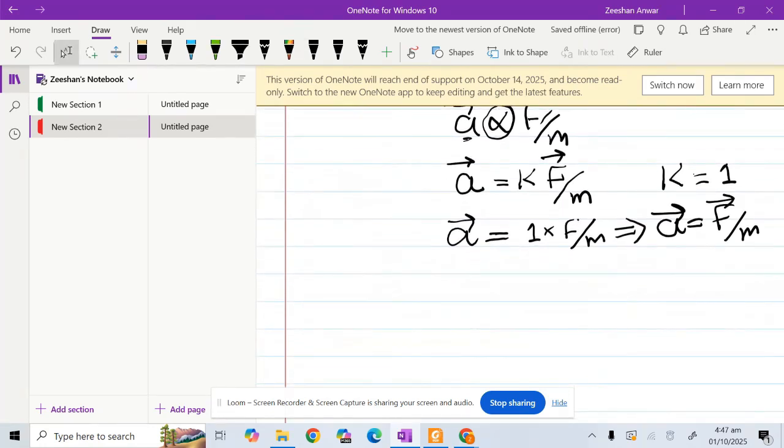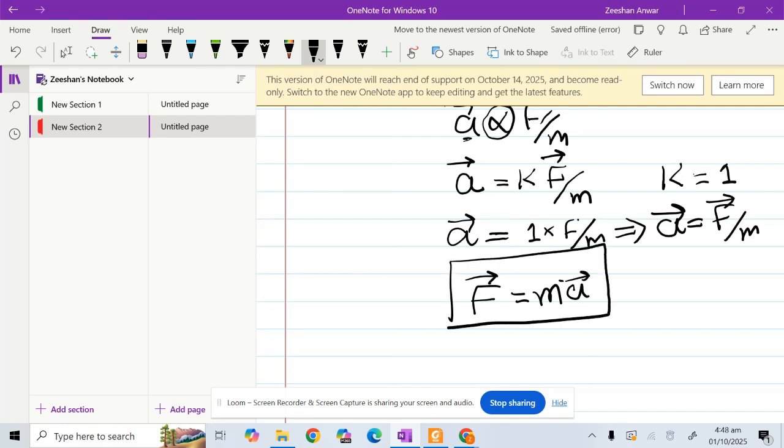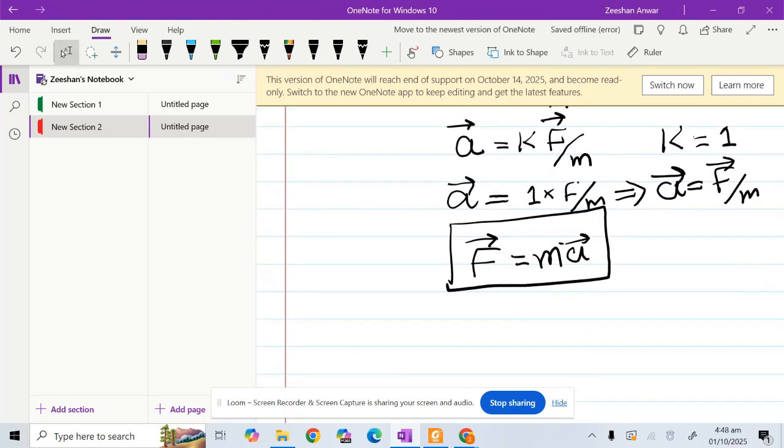By rearranging this equation, we come to know that F is equal to ma, which is the final equation of Newton's second law of motion, in which F represents force, m represents the mass of that particular object, and a represents the acceleration produced in that object.